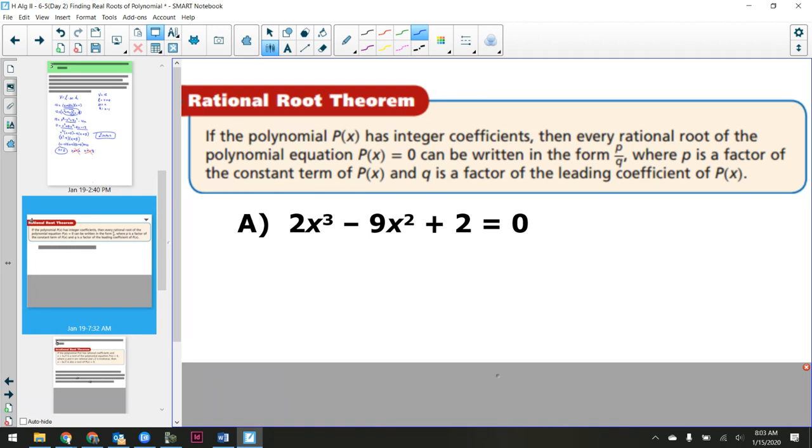All right. The rational root theorem says that if any polynomial has integer coefficients, then every rational root of the polynomial can be written in the form p over q.